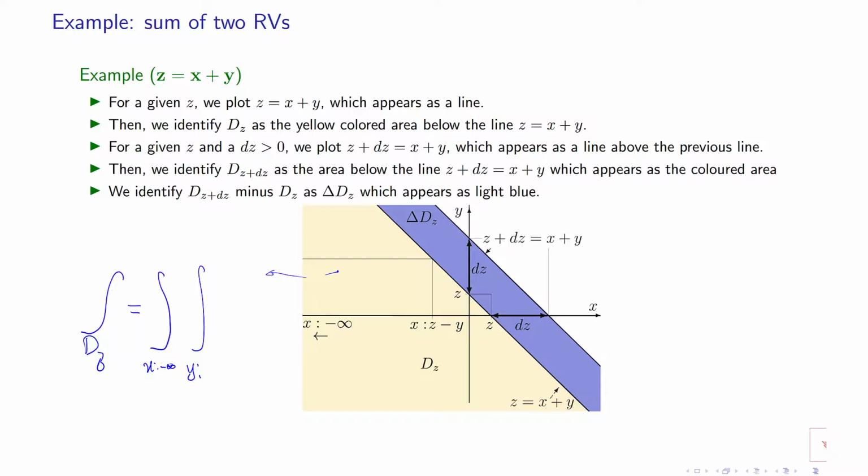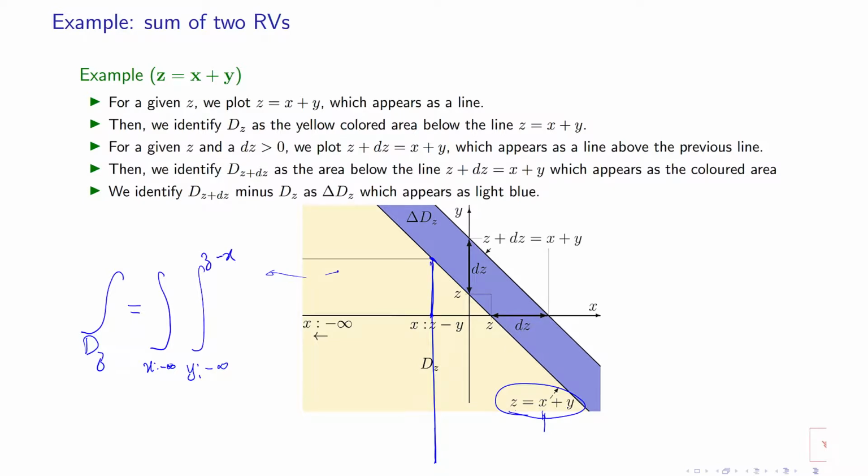Now, for a given value of x, if your x is here, if you go up on this line, we have this equation z equal to x plus y. On this line, the minimum value of y is minus infinity, and the maximum value of y is this point, which from solving this equation is equal to z minus x.